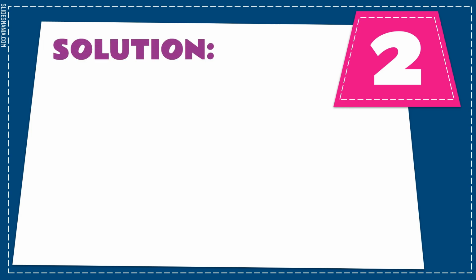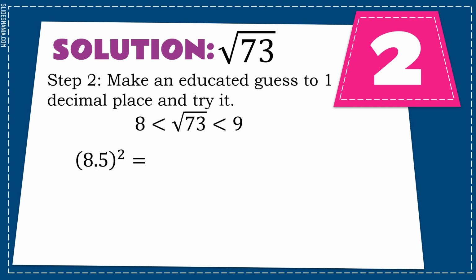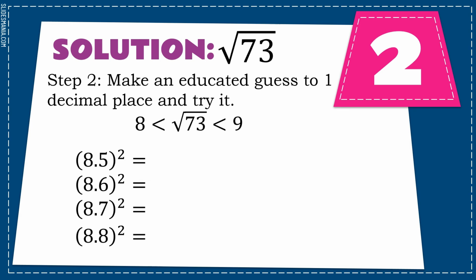Let us now square them. 8.5 squared is 72.25. 8.6 squared is 73.96. 8.7 squared is 75.69. 8.8 squared is 77.44.